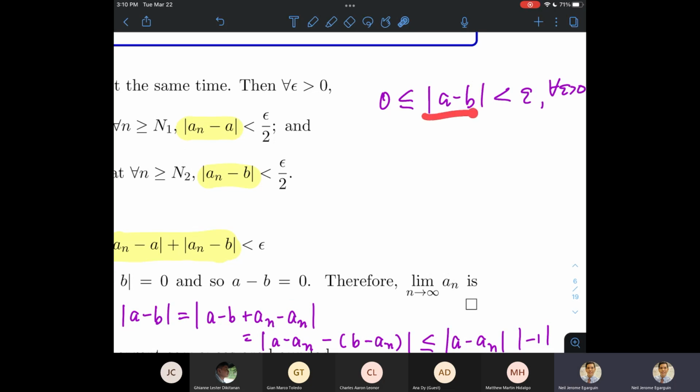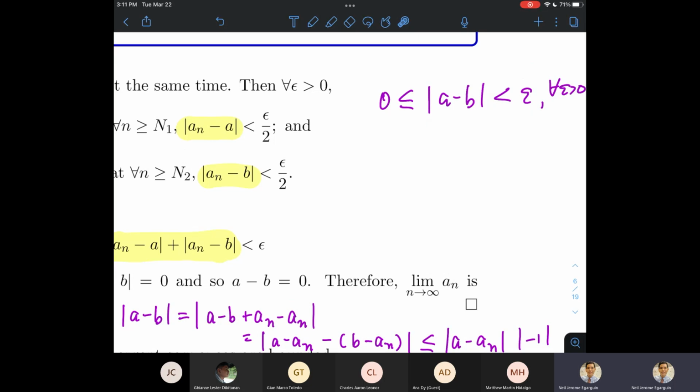Alright? Kasi kung hindi to equal kay 0, isa siyang maliit na positive real number, well, there would be a smaller real number, pero dapat mag-hold siya sa lahat ng epsilon. Dapat mas maliit na siya sa lahat ng epsilon. So kung ito ay isang maliit na positive number, baka naman may positive number pa na makakasingit na mas maliit sa kanya, which is impossible because we want this to be true, or we know that this is true for all positive real numbers.